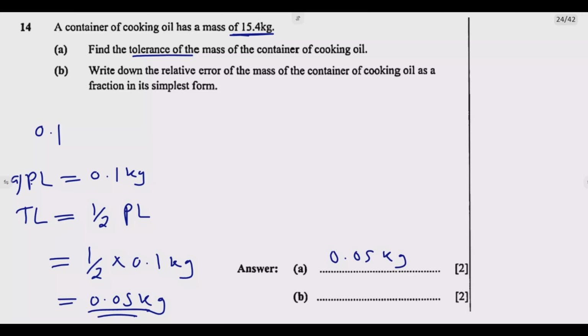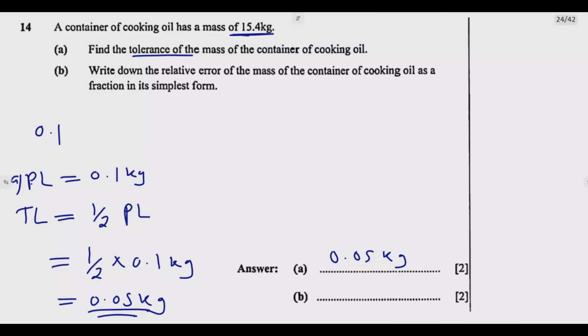So what does this mean? This means the actual mass is between 15.4 minus 0.05, which is 15.35. So 15.35, when you round it to 1 decimal place, is going to be 15.4, to 15.4 plus 0.05, which is going to be 15.45.